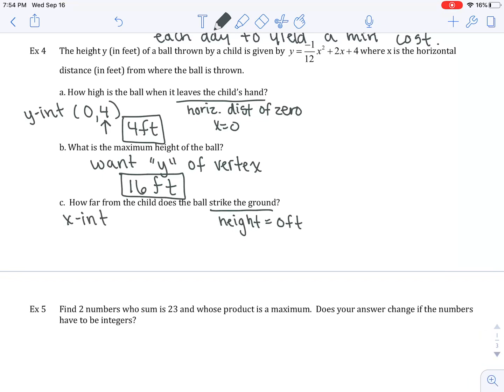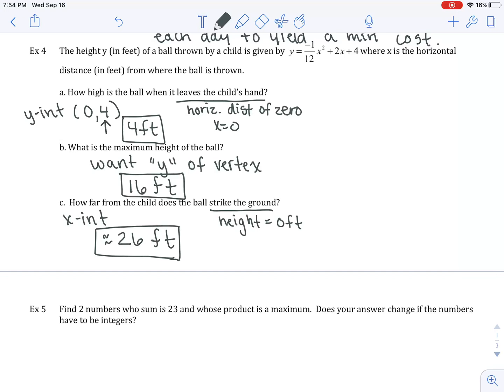So please, please, please go in there, find your zeros. So hit calc 0, and you should be getting one. I'm going to approximate this one. I got this one as a decimal, but I got it to be about 26 feet. All right, so make sure when you graph that you get the same thing.